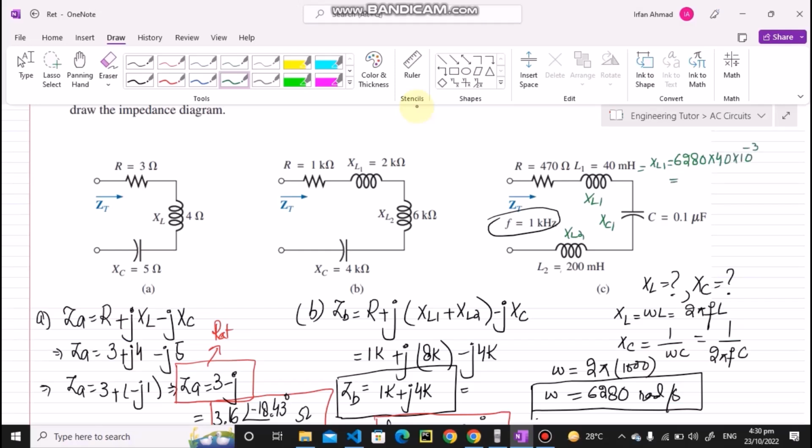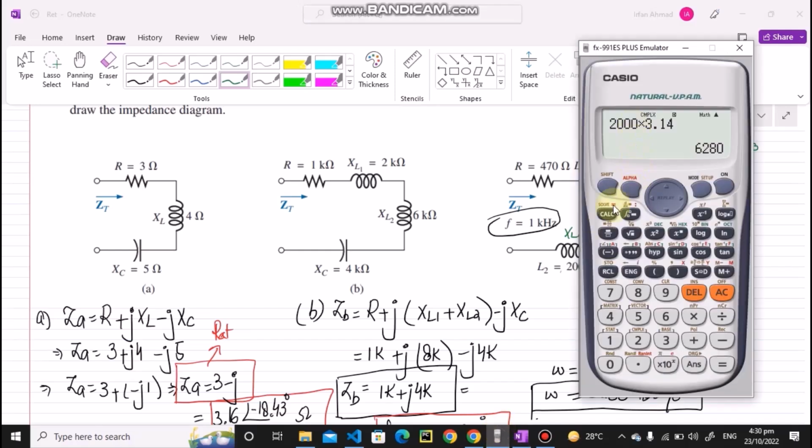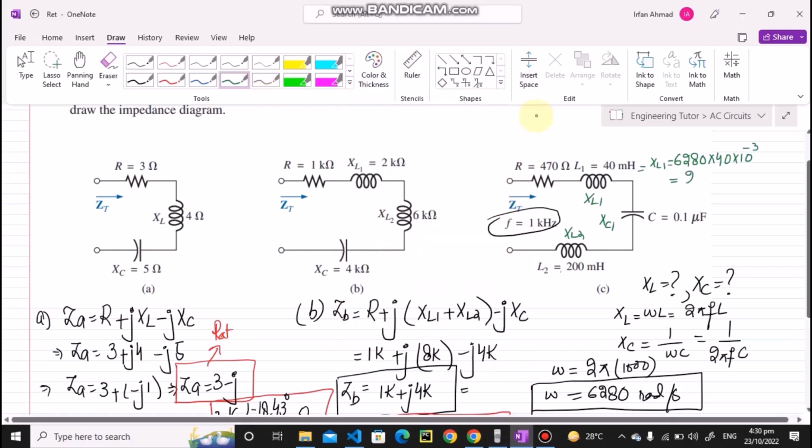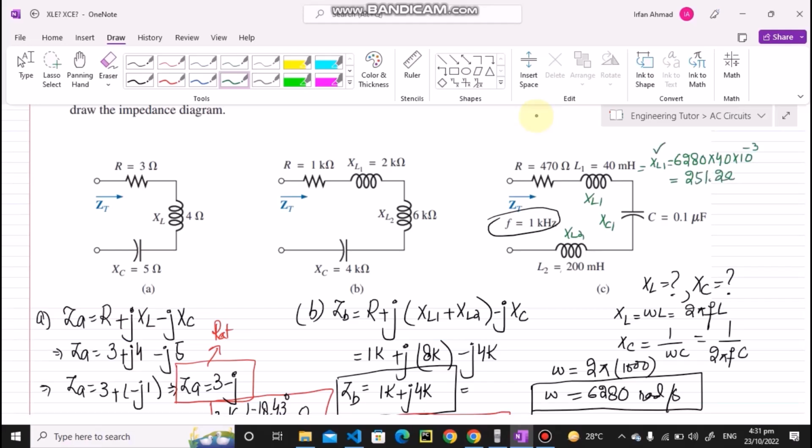Calculating it, 6280 multiplied by 40, then dividing by 1000, I will get 251.2 ohm. So that is XL1.